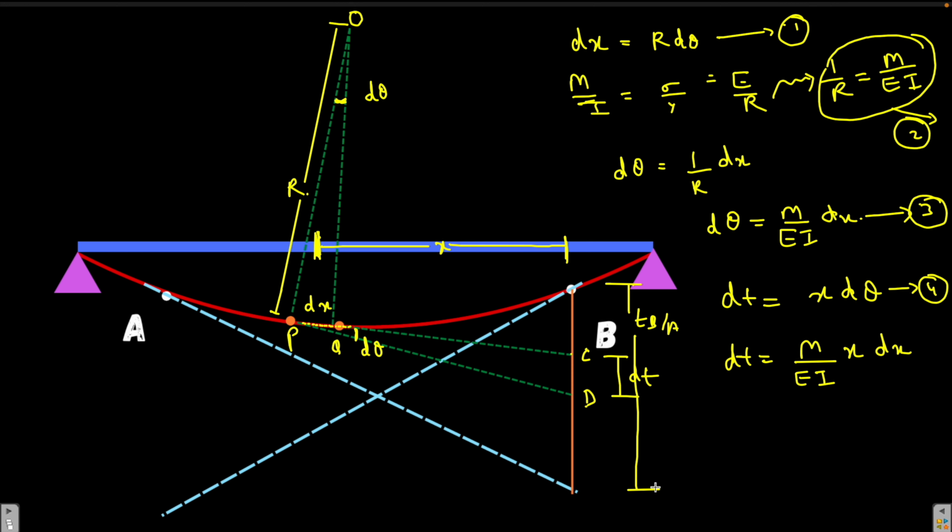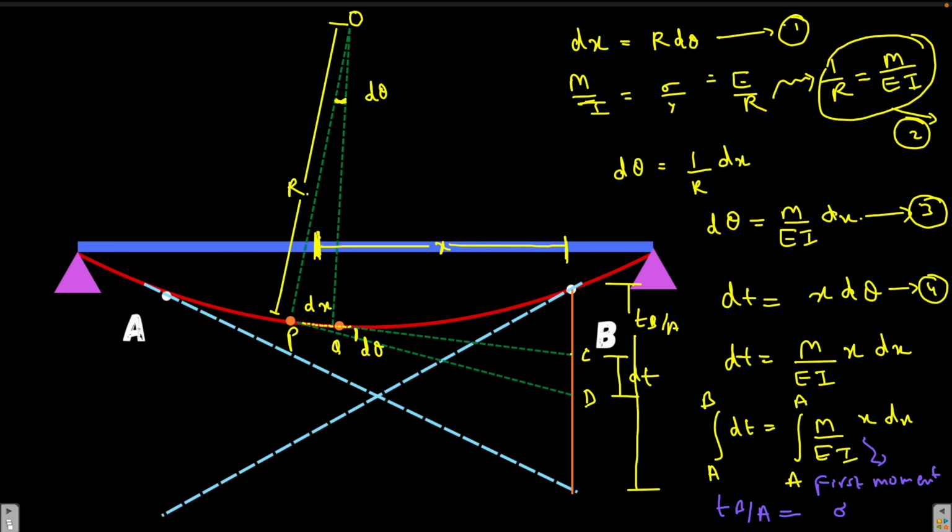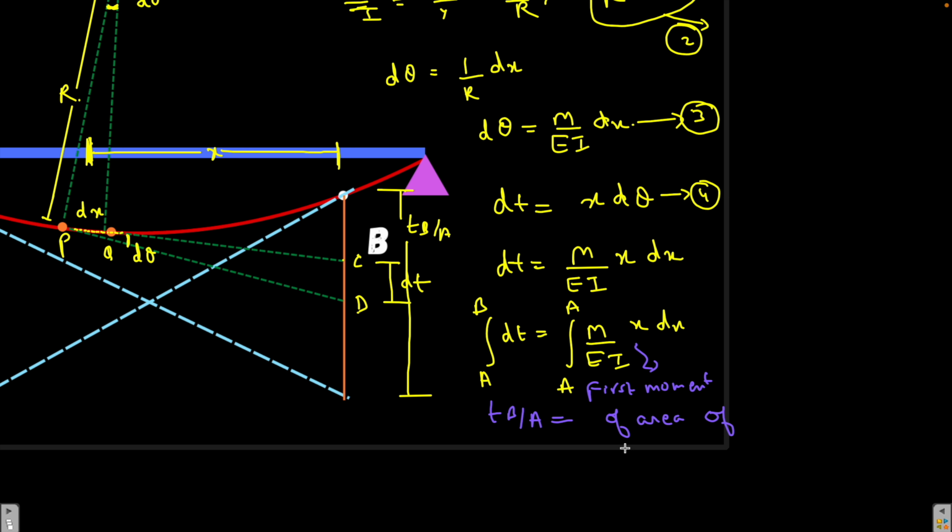We will integrate from point A to B. Integrating both sides from point A to point B, integration of dt is equal to integration of M by EI x dx from point A to B. Now, the LHS of the equation will give you TBA, and the second part is nothing but the first moment of area of the M by EI diagram between points A and B about point B.